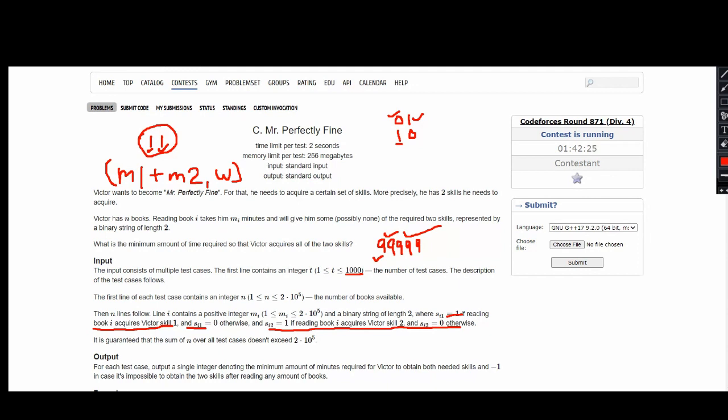Mentioning the test cases more clearly, if S0 is 1, then we take the minimum of minute 1 and the minute given.